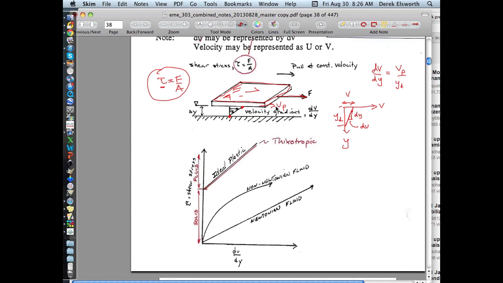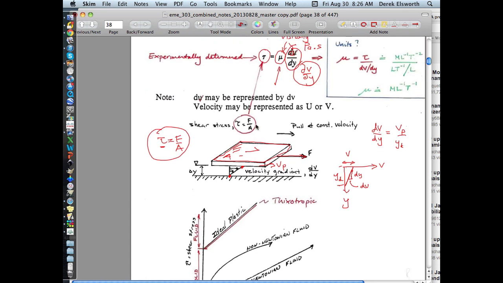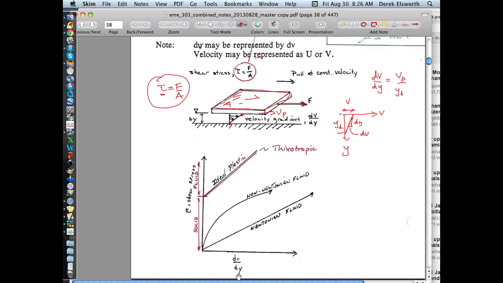We'll deal in this class only with Newtonian fluids. Newtonian fluids are ones where this value is a constant and doesn't change with the rate at which you shear it. This would mean that you're not shearing it at all. This would mean you're shearing it quickly. If you're not shearing at all, then you'd expect that you don't apply any force.